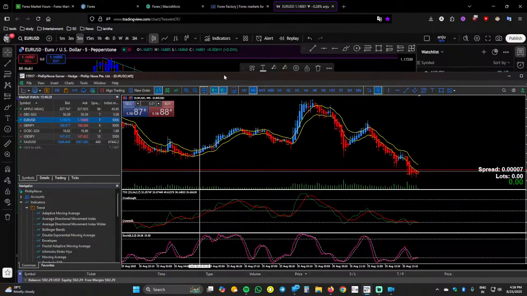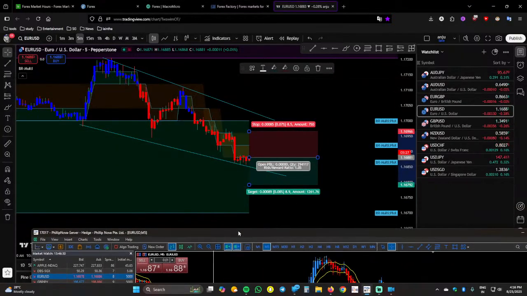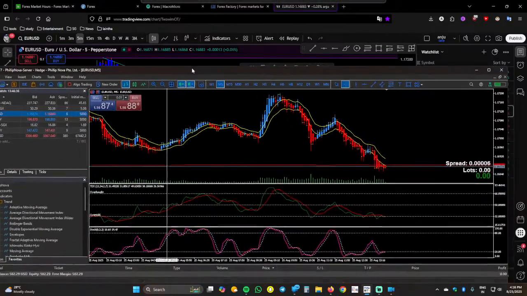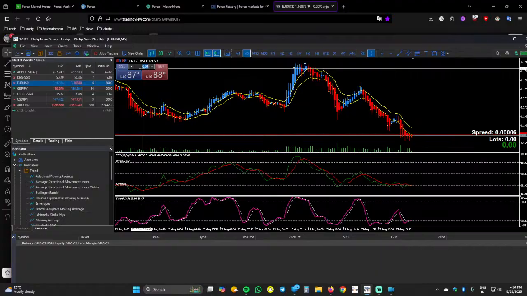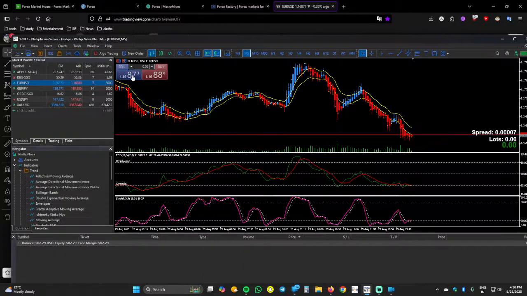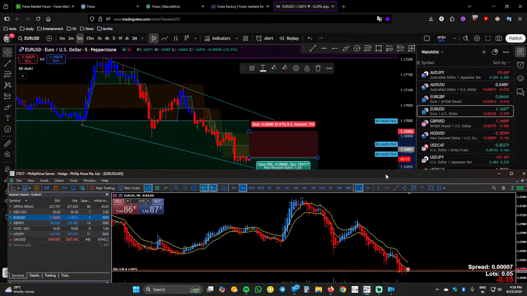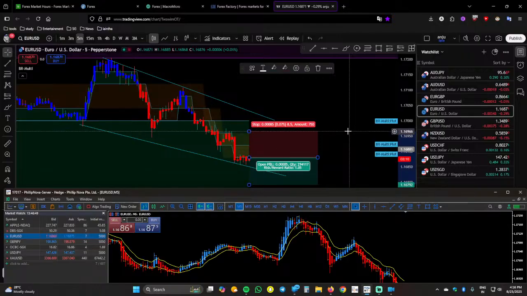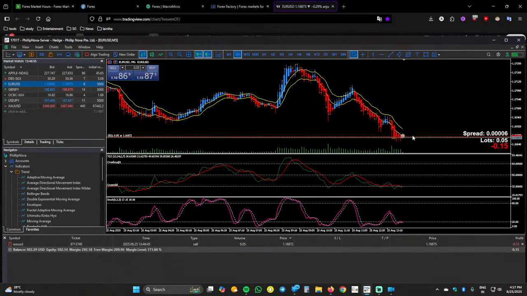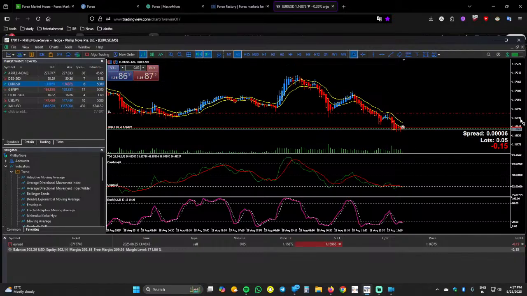So EUR USD, I'll be selling EUR USD here, and my stops are at 6966 and take profits are at 6792.